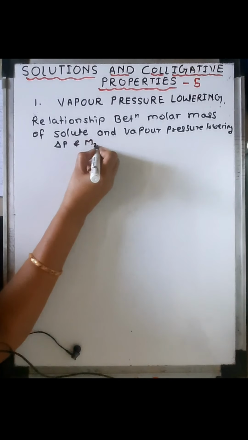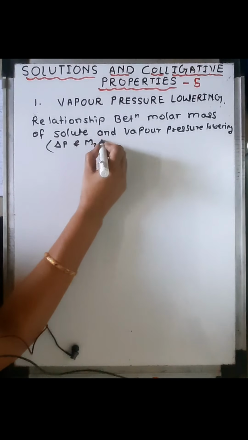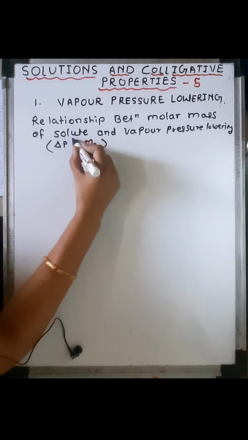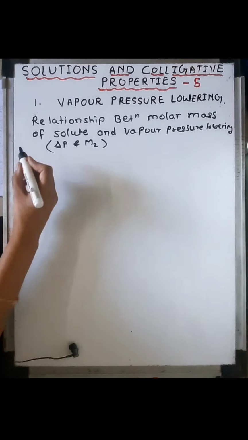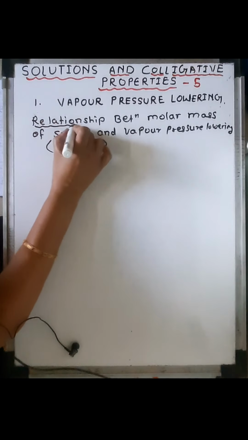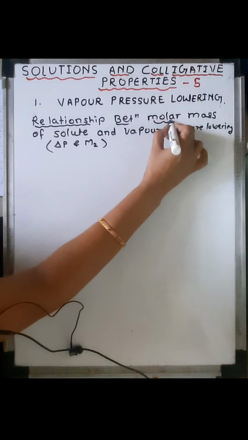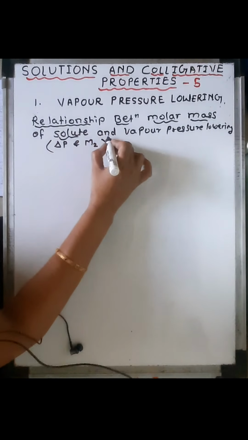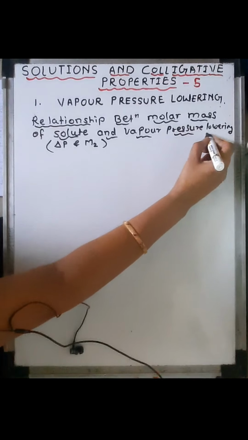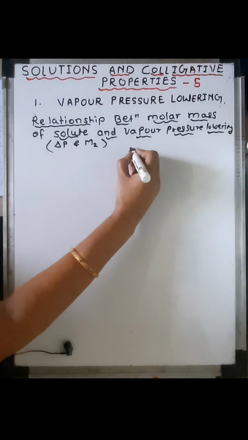M2 is the molar mass of solute and delta P is the lowering of vapor pressure. So we have to find out the relationship between them. There is a derivation and it is for 2 marks.